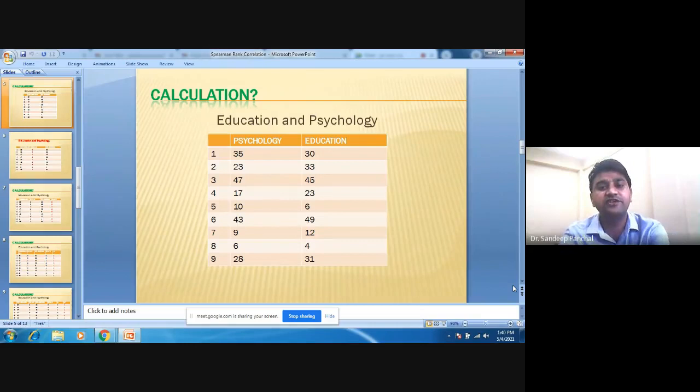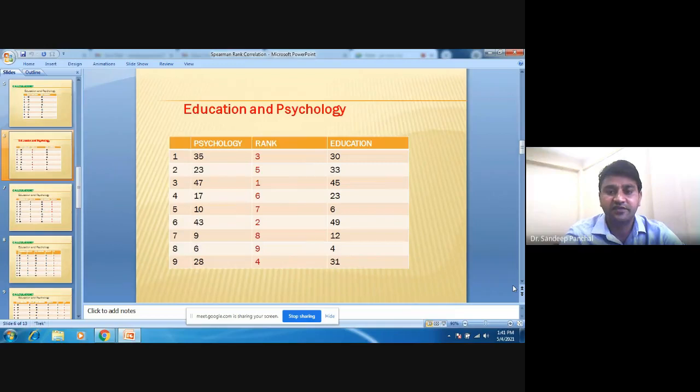The first step we need to follow is to give ranks to the scores of psychology as well as education. The first task is providing rank to the psychology scores, and we will give the first rank to the highest score.